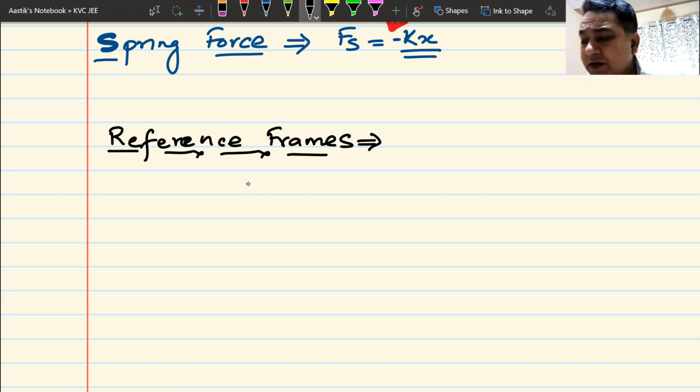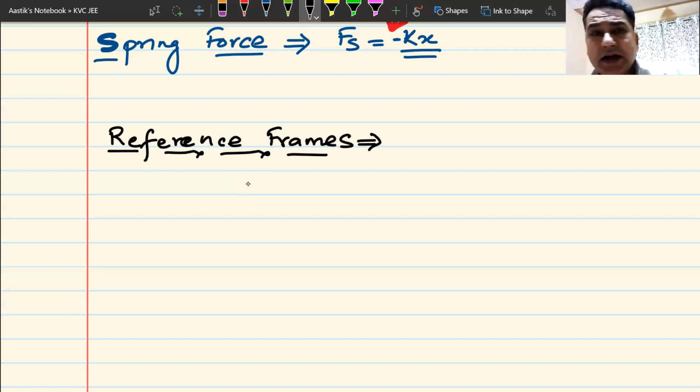Did we do this topic earlier? No? Okay. Even if we have done it, maybe one class in the NEET batch I have done this class. Anyways, we'll again start with these reference frames.